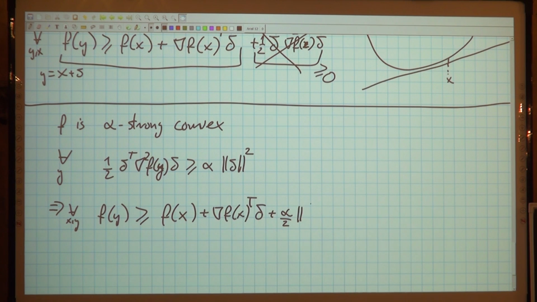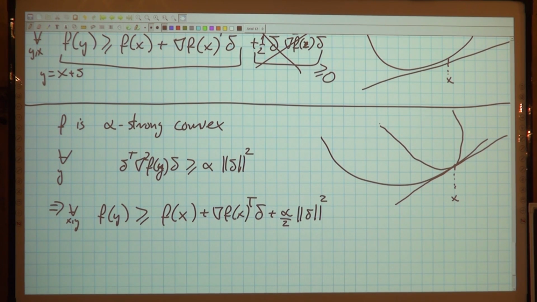Okay, essentially what it means graphically is that now I have my function, and I have some point x. So again, I look at the linear approximation, and from smoothness I knew that there is a quadratic that is always upper bounding my function. But now from strong convexity, I know that there is also a lower bounding quadratic. Let's make this picture a bit more clear.